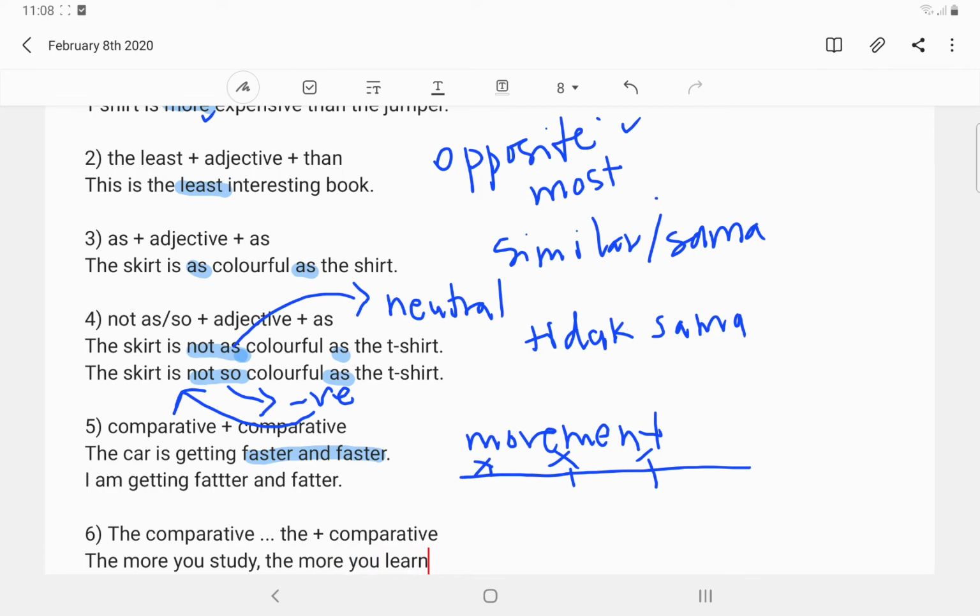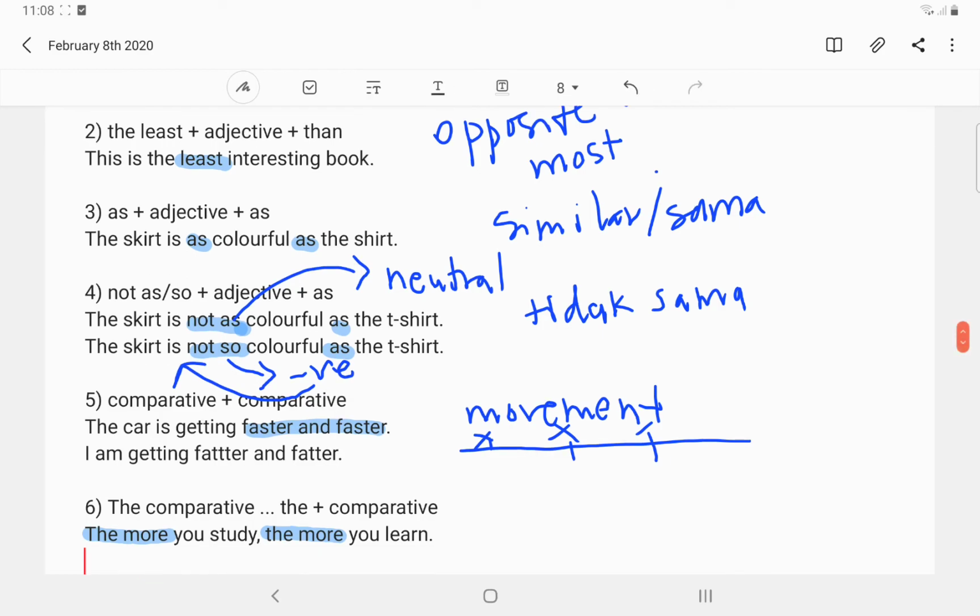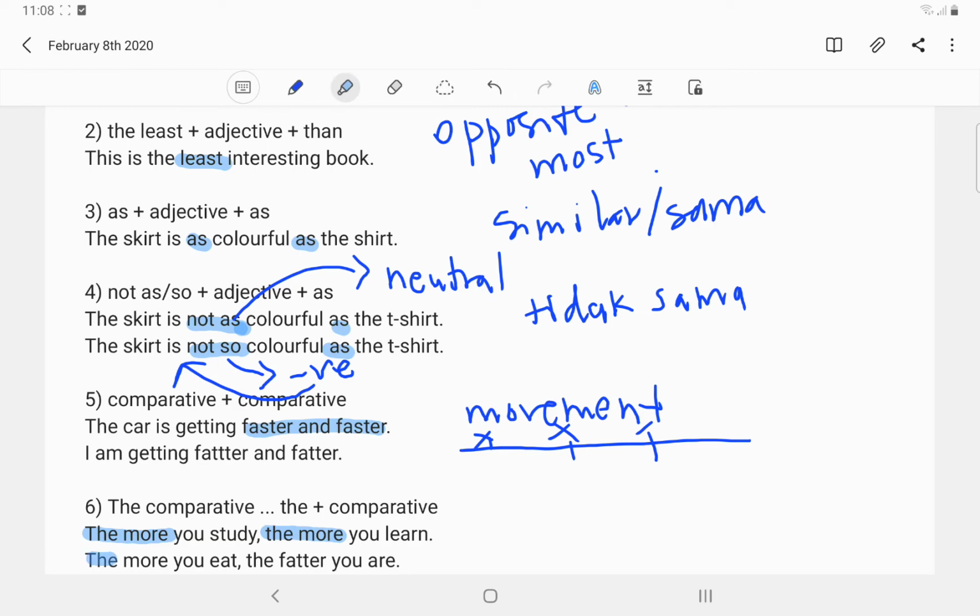Kalau kita buat essay, this is one of the interesting structures, sebabnya dia ada repetition dan dia ada penegasan. The more you eat, the fatter you are. Understand? Macam tu.